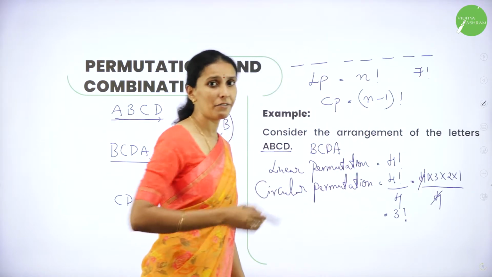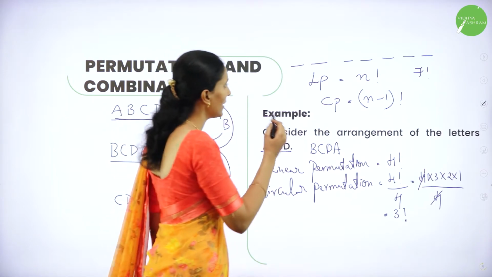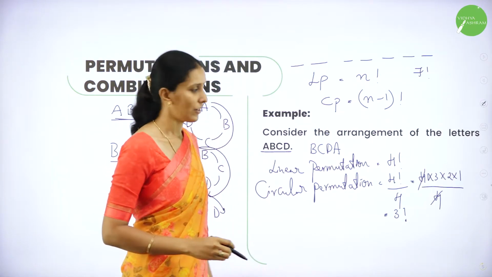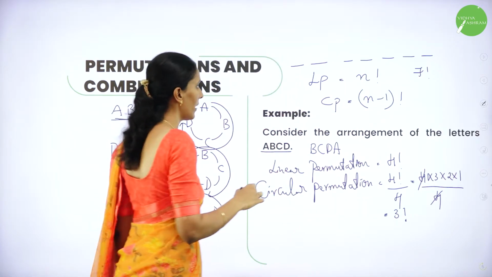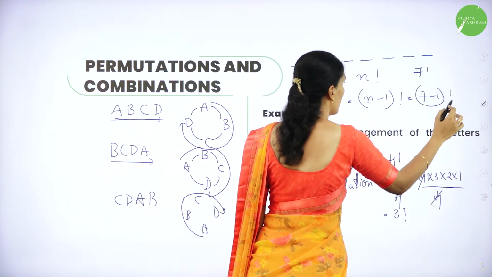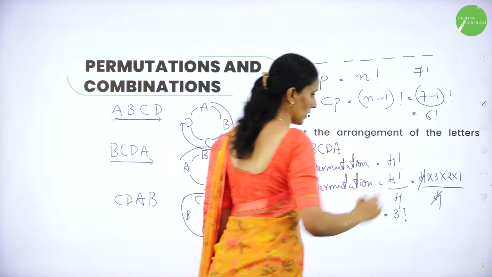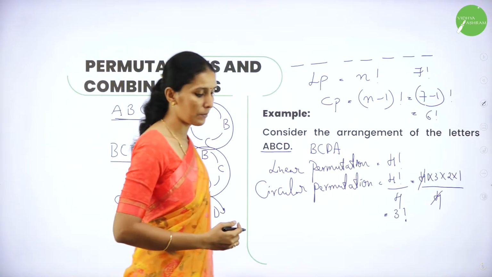So you have 7 different places for 7 different people. Whereas in circular permutation, it will be 7 minus 1 factorial, which is 6 factorial. So this is the difference between linear permutation and circular permutation.